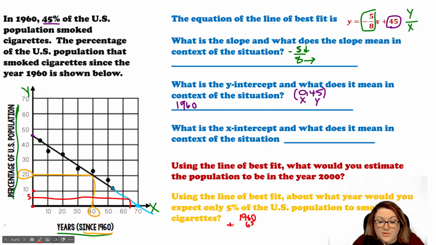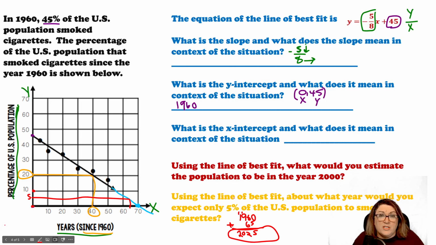If you add those two together, you're going to get 2025. So in the year 2025, you can expect about 5% of the U.S. population to smoke cigarettes. Now, this is a lot of information that I'm giving you in one video.